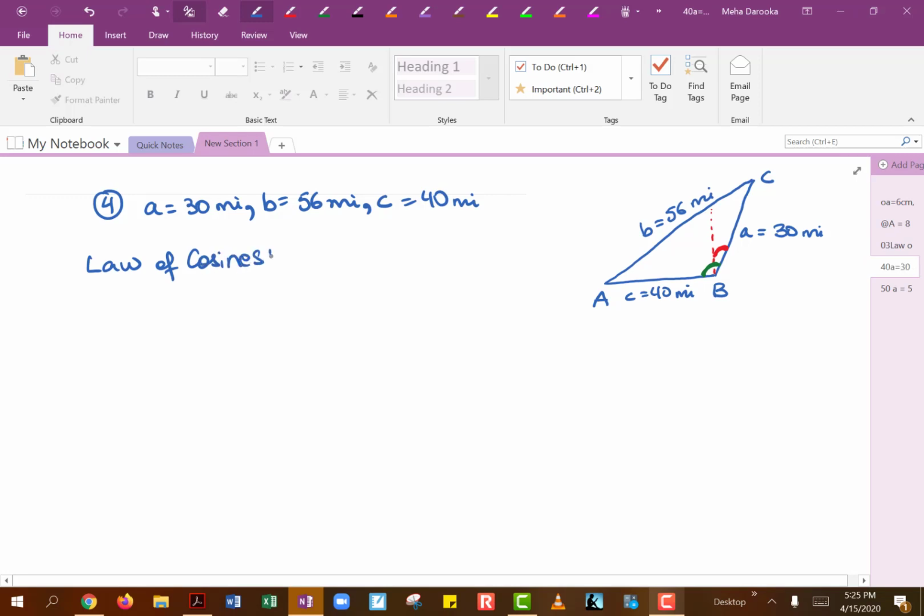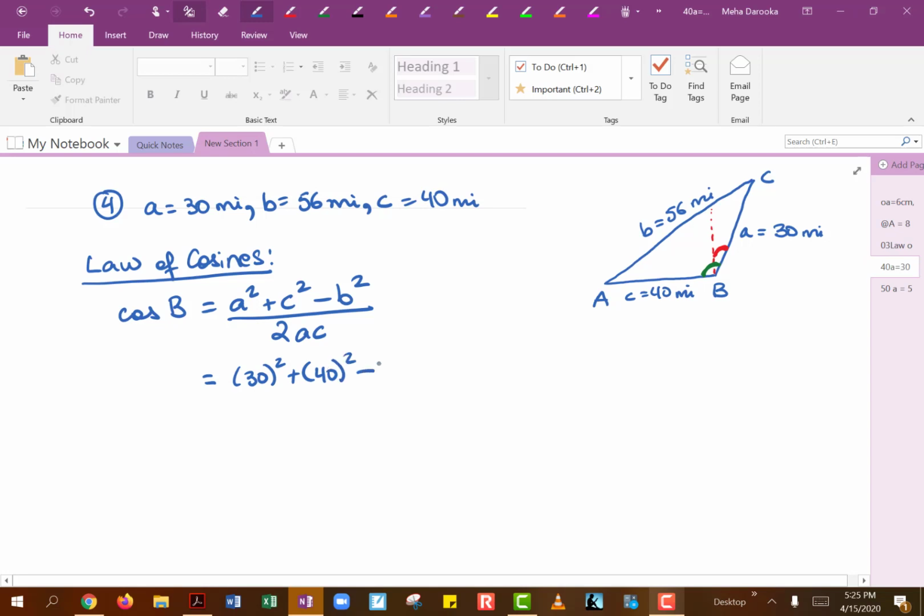Since we are looking for angle B, we will use the alternative form: cosine of angle B equals a squared plus c squared minus b squared, divided by 2ac. That's 30 squared plus 40 squared minus 56 squared, divided by 2 times 30 times 40.